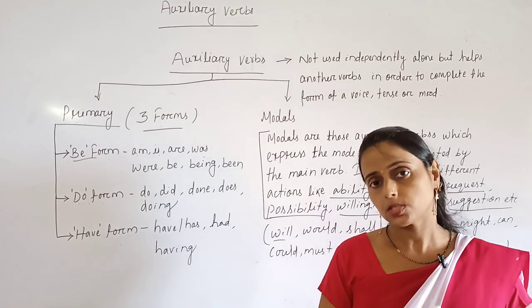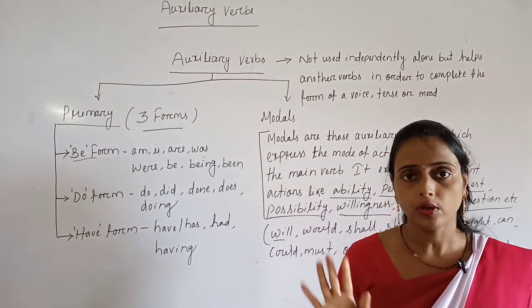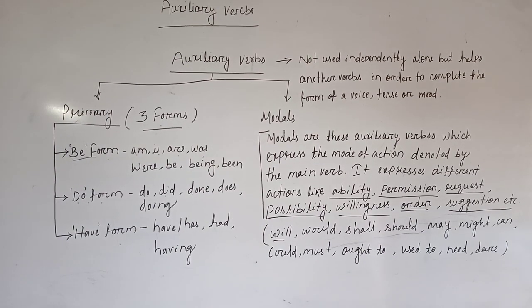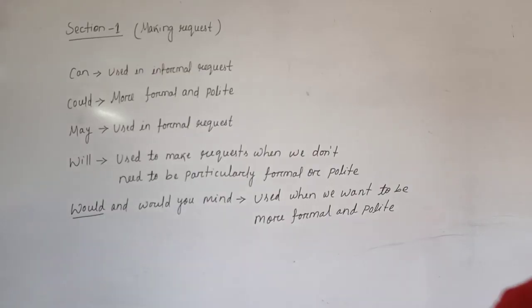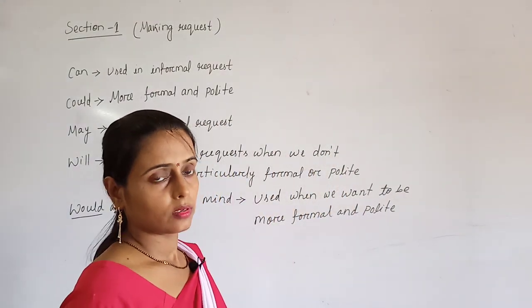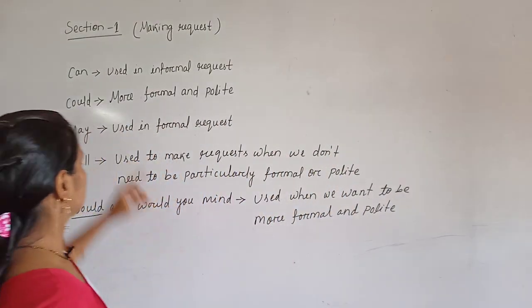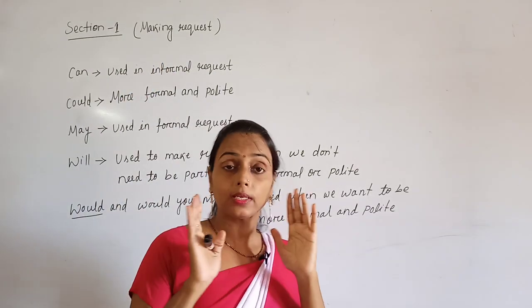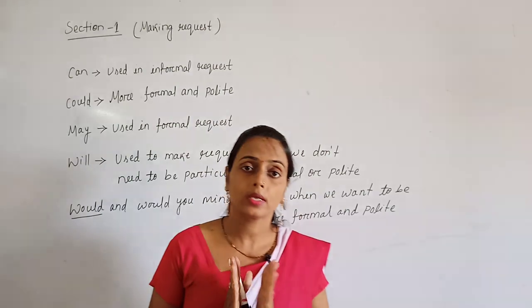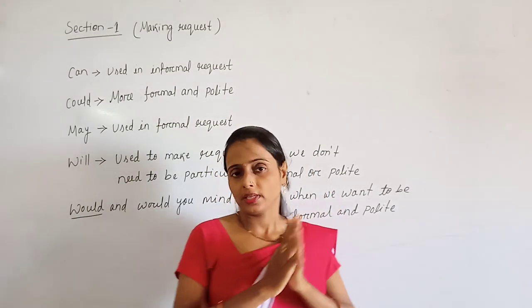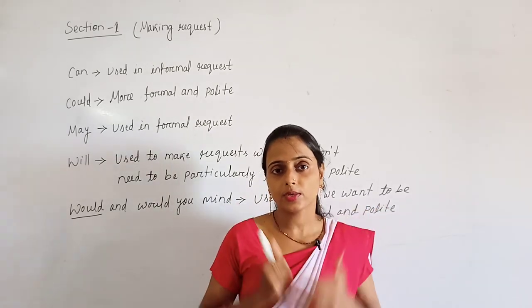For this one you have to refer to your book 4, chapter modals. So dear students, your section 1 is dealing with making request. It is clearly mentioned how to make request by using the modals. But tell me, what is formal request?